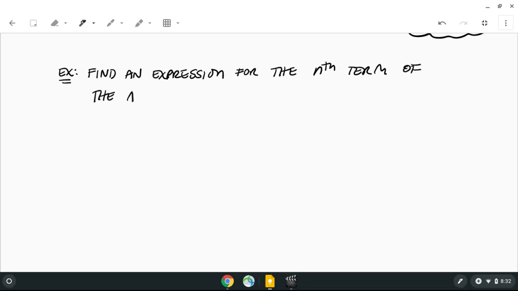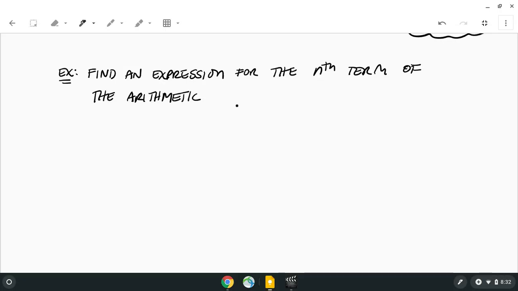So let's try. Find an expression for the nth term of the arithmetic sequence. So we know it's arithmetic, so I make sure, like on the test, that if it says arithmetic, then you can use all the stuff that we're talking about here.